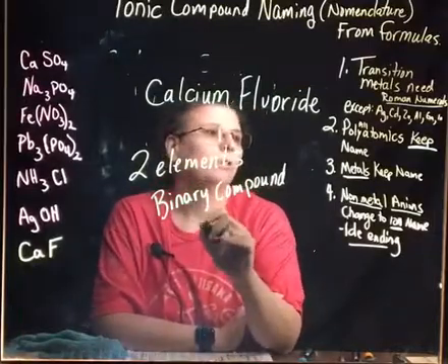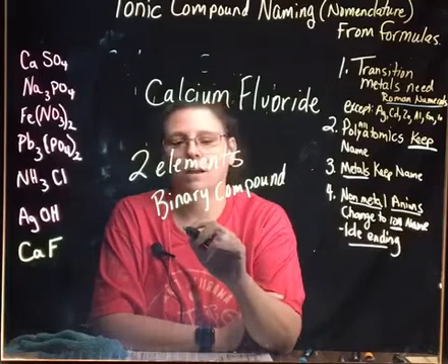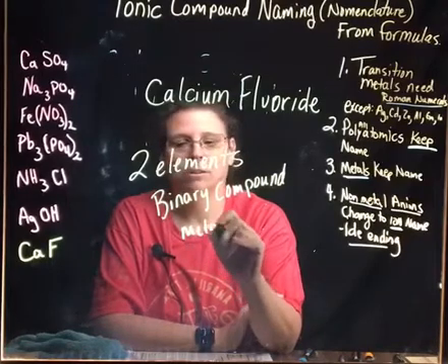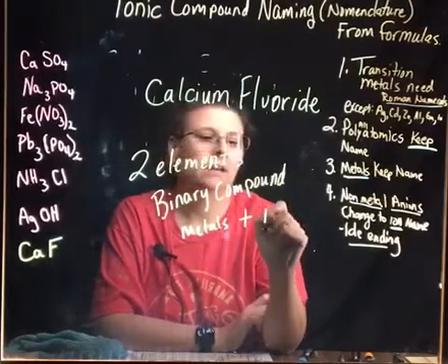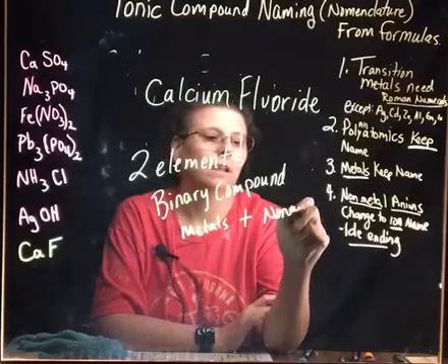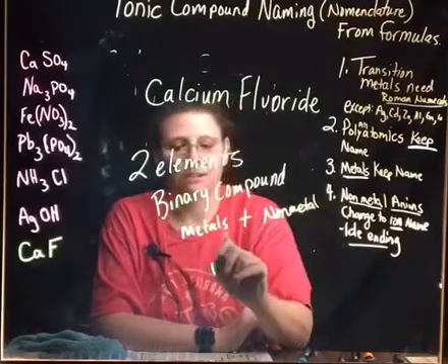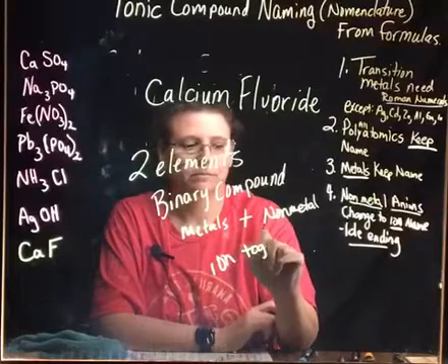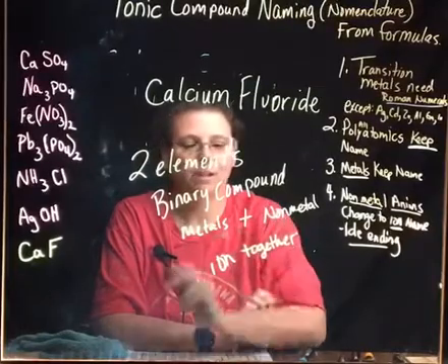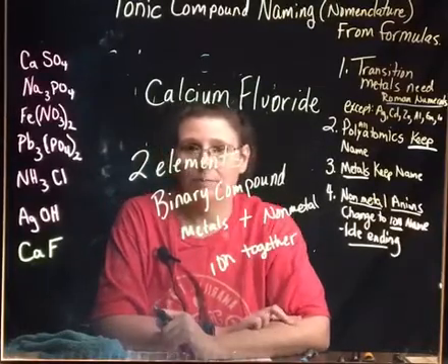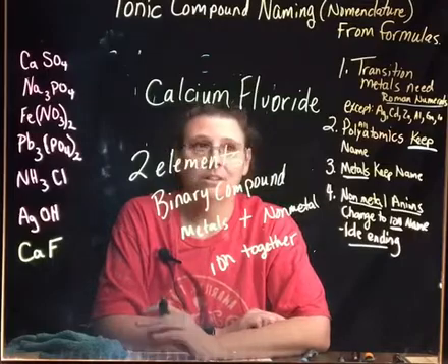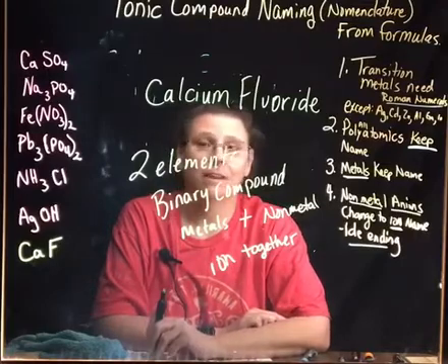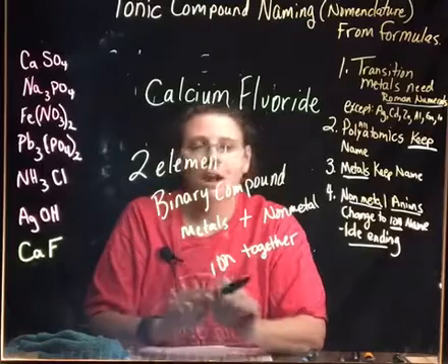So it just would be the metal plus a nonmetal, and you put your ions together. Your names for your ions, just take the word ion off of it. Calcium ion would become calcium. Fluoride ion would become fluoride. Calcium fluoride. Okay? I'll see you on the next video.